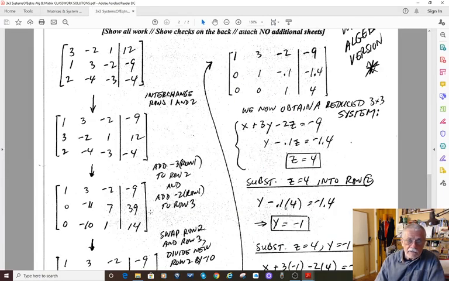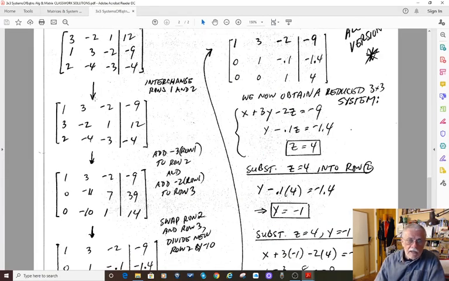It's pretty easy, really. I'm keeping this row fixed because I've got the 1 there. And I'm going to say to myself, how do I make this element a 0? Well, if I multiply this by -3, and I add it to that, that'll make it 0, because -3 times 1 is -3, -3 plus 3 is 0.